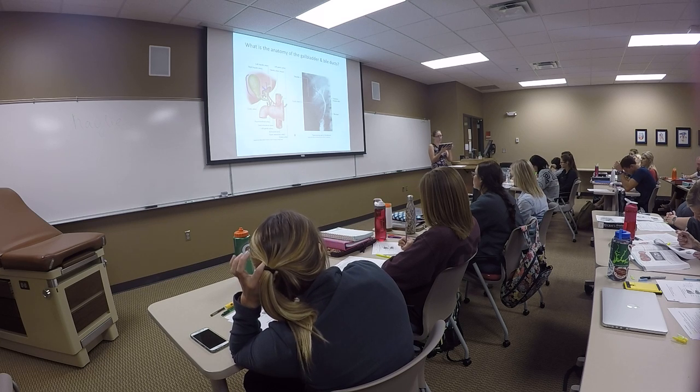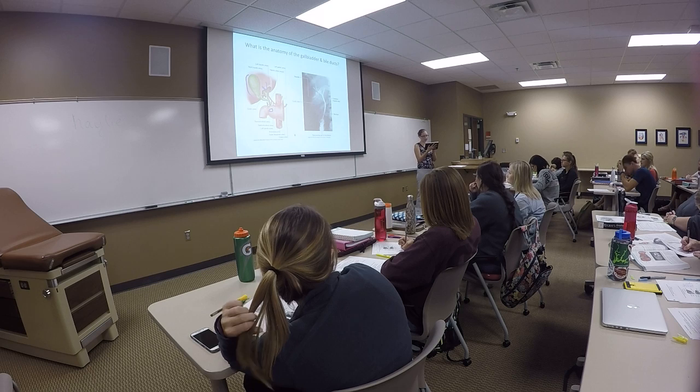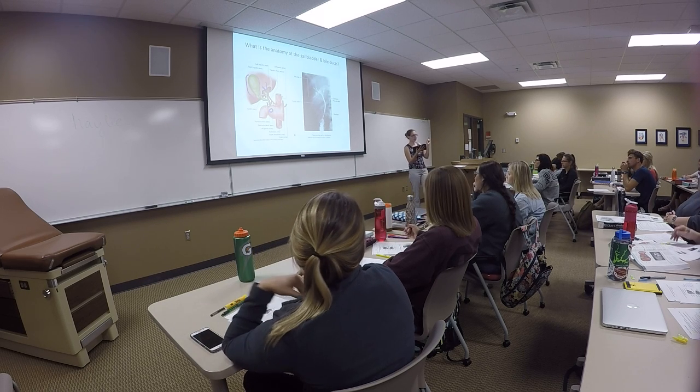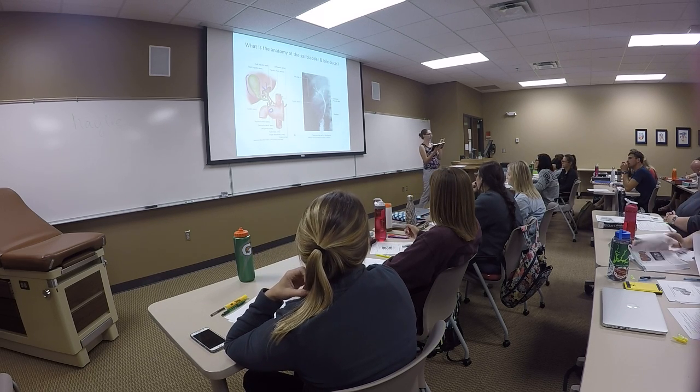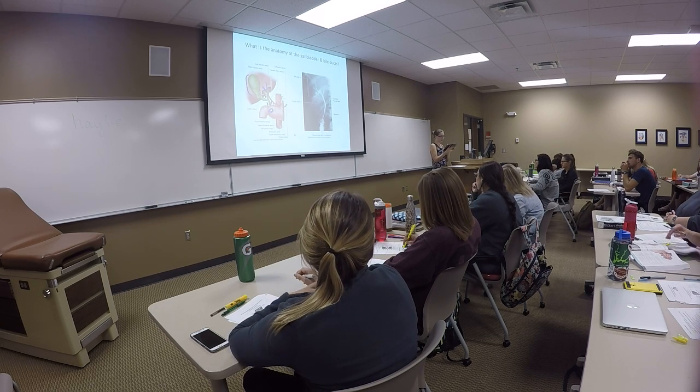And there's a papilla with a sphincter that closes off the bile duct so that we don't have it constantly emptying the bile into the small intestine at the bottom of them.